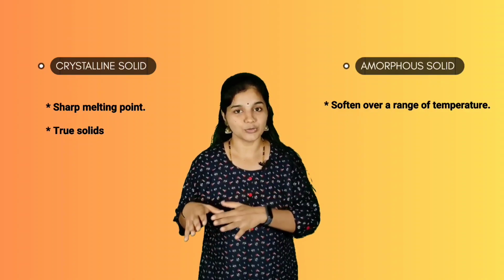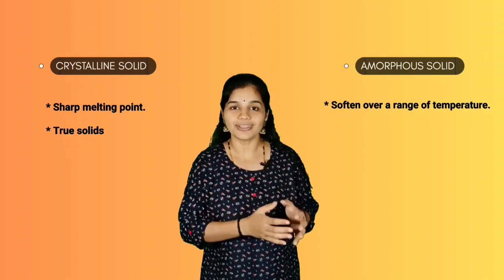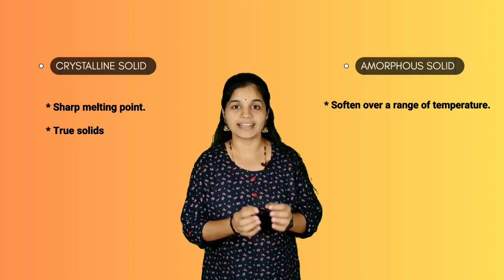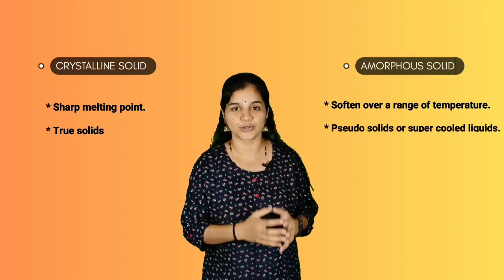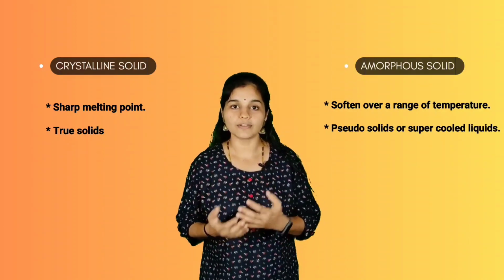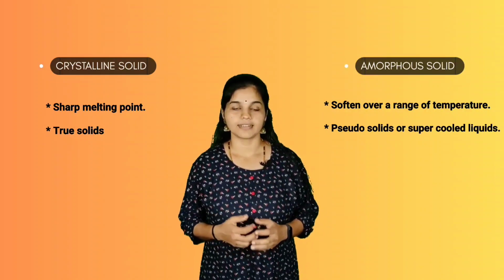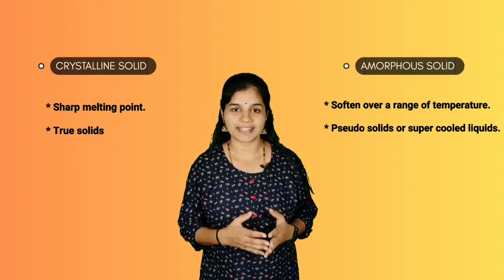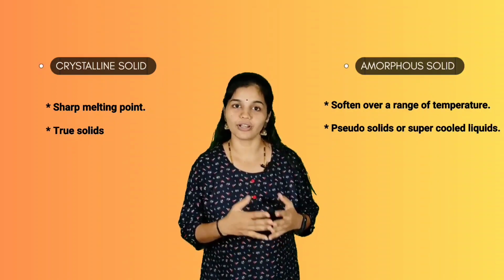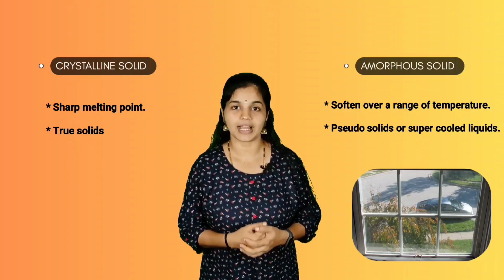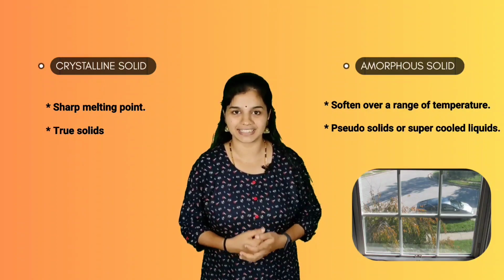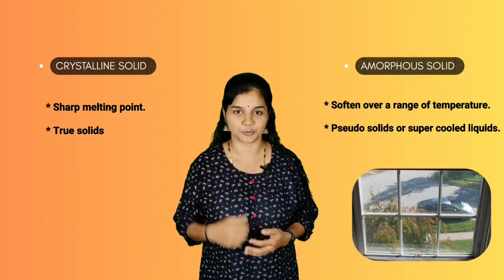They have a tendency to flow. Because of all these properties, amorphous solids are known as pseudo-solids or supercooled liquids. It is observed that glass panes fixed to the windows or doors of old buildings are found to be slightly thicker at the bottom than at the top.